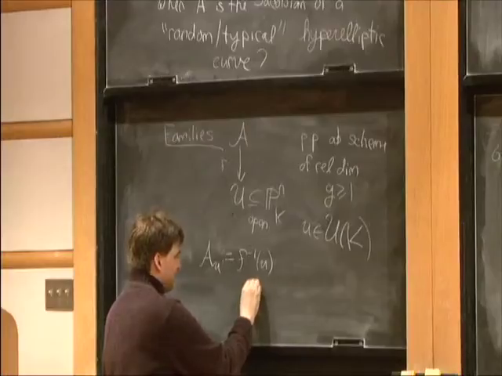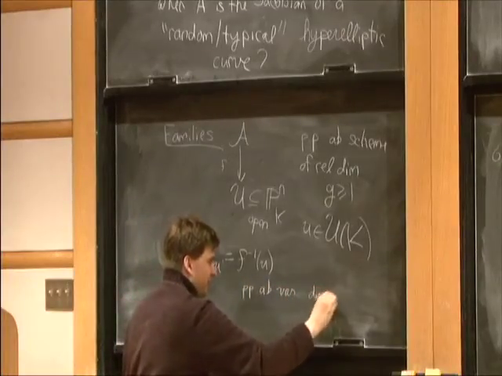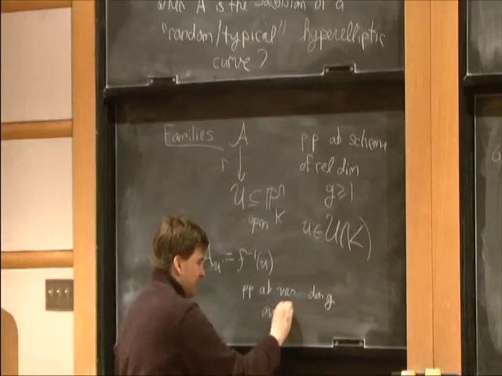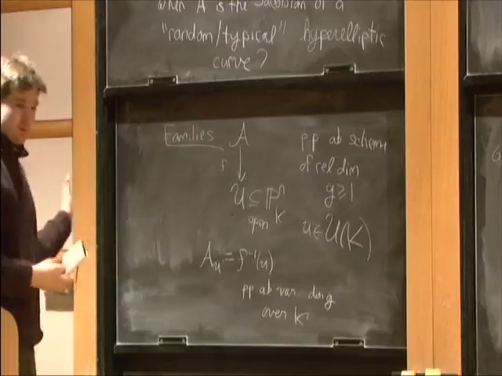So this is a principally polarized abelian variety of dimension G defined over K, exactly what we had before. So this is just what I mean by family.